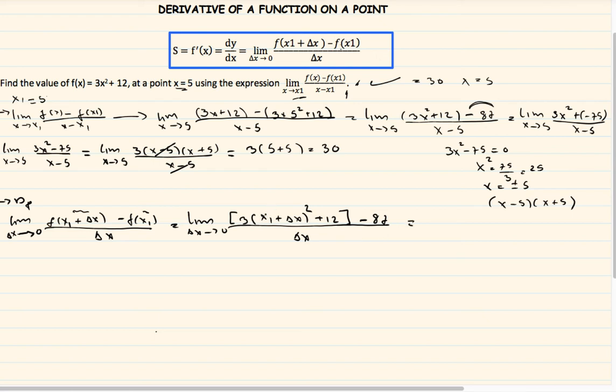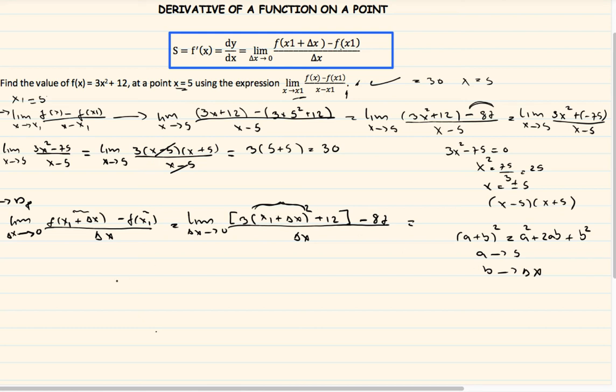We have this term over here which can be expanded. This expansion is of the type a plus b squared, which is a squared plus 2ab plus b squared, where a is 5 and b is delta x.